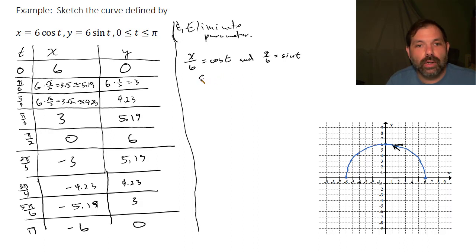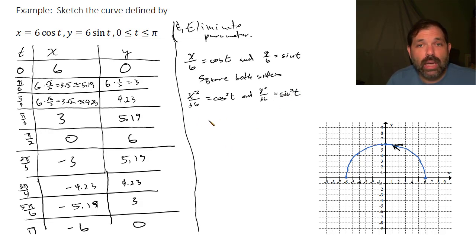Square both sides of both equations. X squared over 36 is equal to cosine squared t, and y squared over 36 is equal to sine squared t.